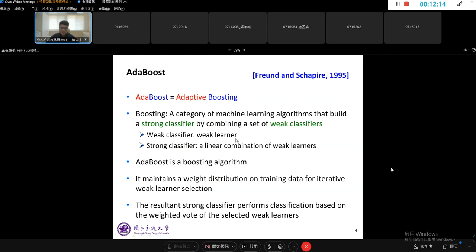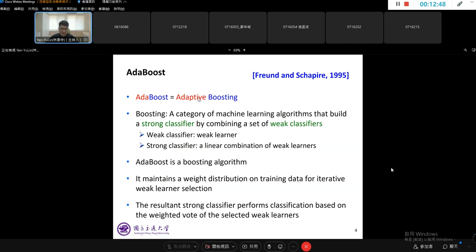Actually, there are numerous ways to combine multiple weak classifiers, but in the category of boosting, each strong classifier is a linear combination of weak learners. We just consider linear combinations of the selected weak learners. AdaBoost is one particular instance of a boosting algorithm. So this specifies the meaning of the second keyword, boosting.